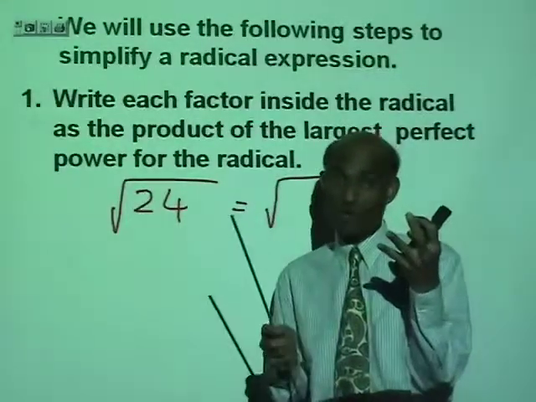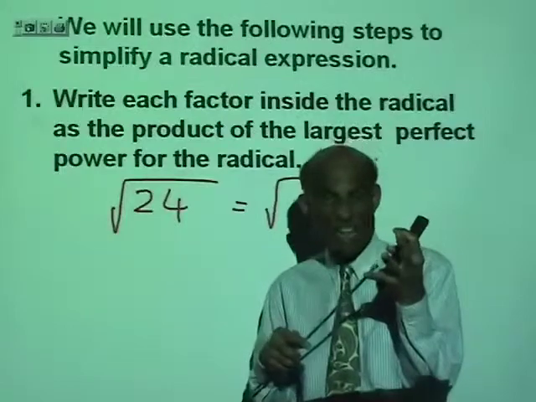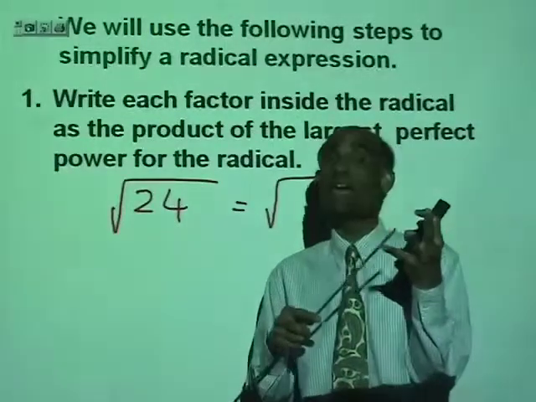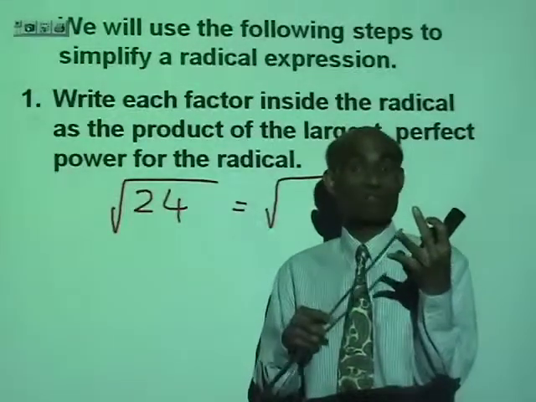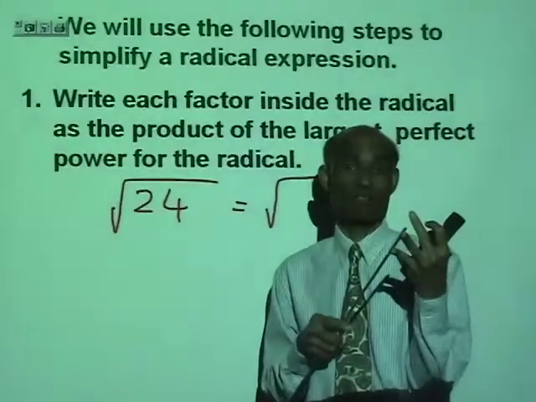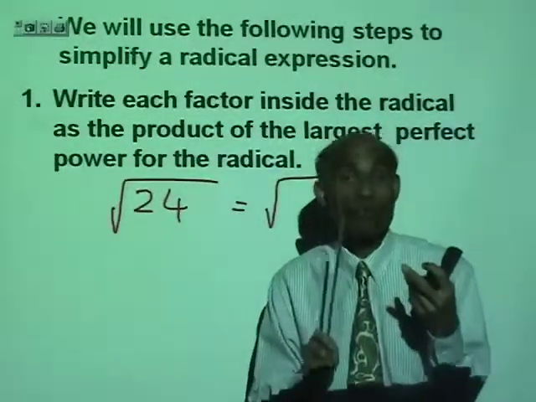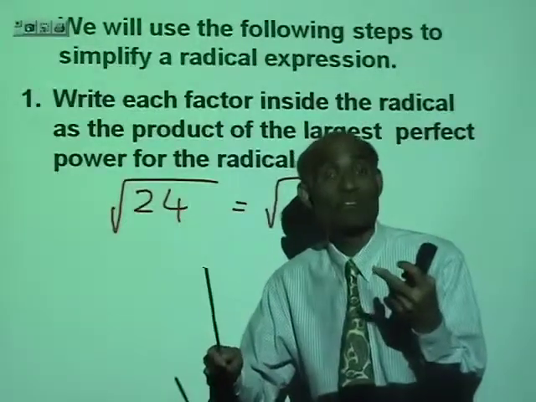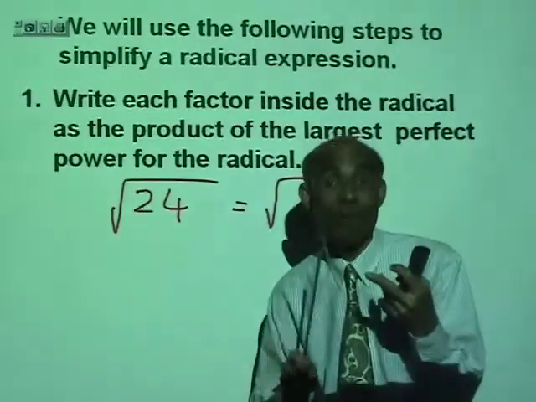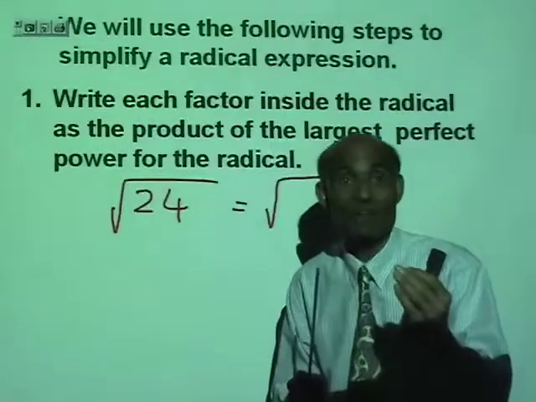Alright, 24 can also be written as 8 times 3. 8 is not a perfect square, 3 is not a perfect square. So that's not useful. 24 can be written as 4 times 6. You see, 4 is a perfect square.